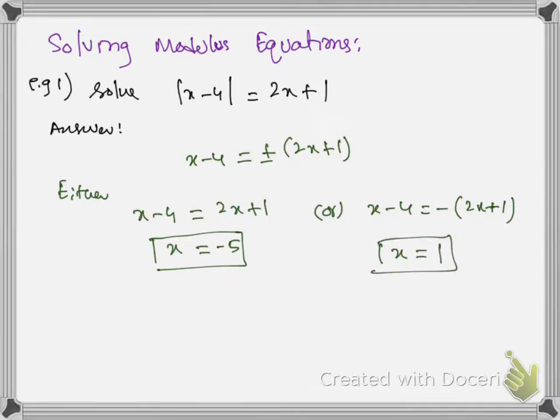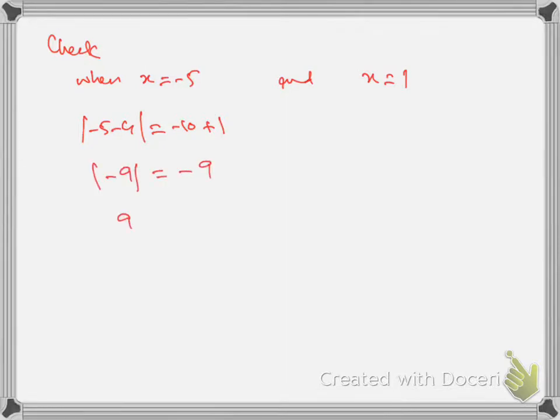Now let's check the answers. We have to check the answers with the original equation, when x is negative 5 and when x is positive 1. When x is negative 5, then the equation does not verify.